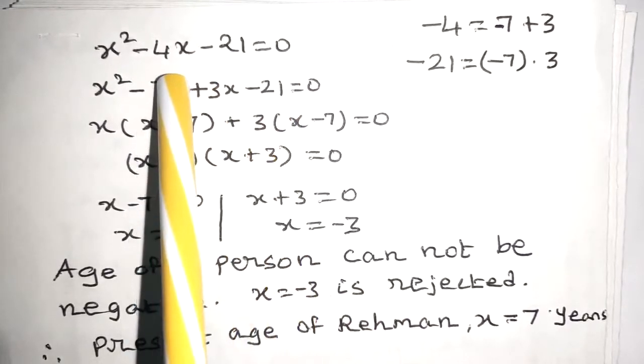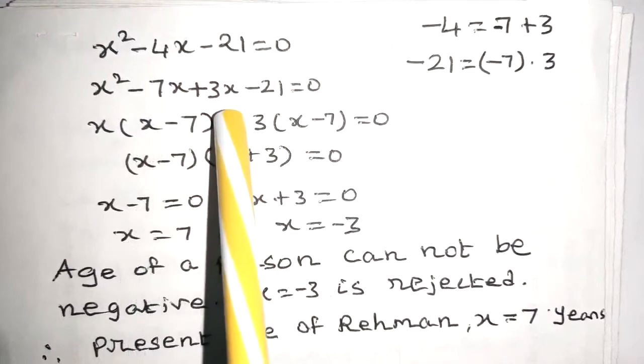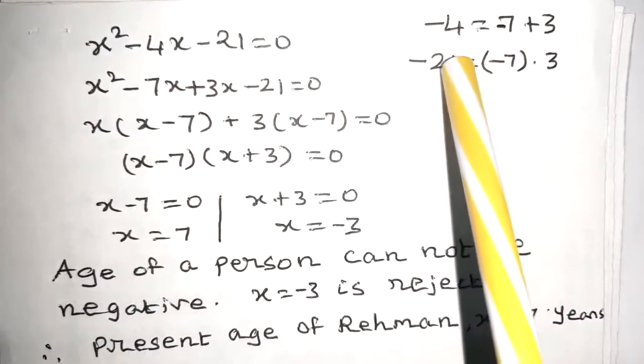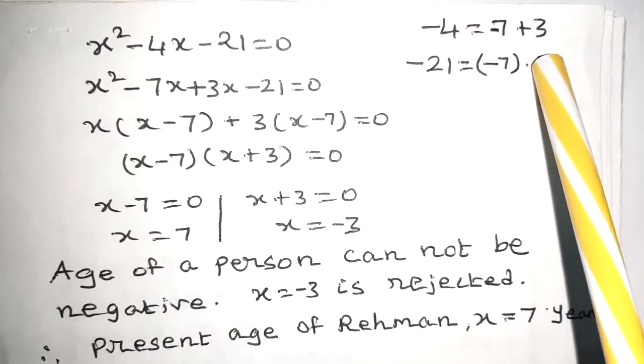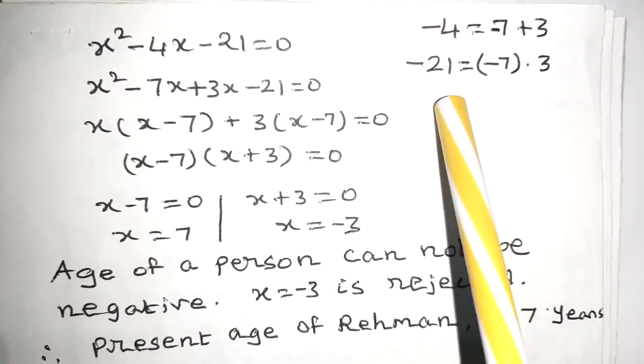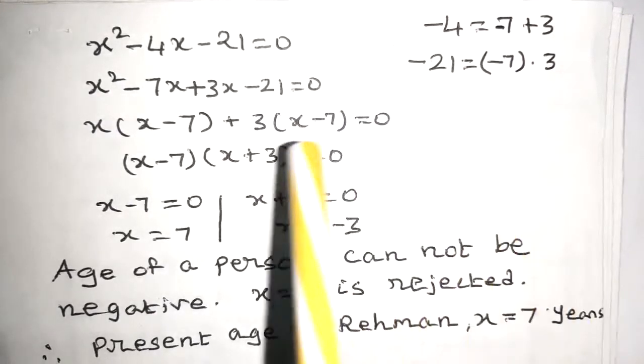Minus 4x can be written as the sum of minus 7x plus 3x. And here minus 4 is written as the sum of minus 7 and 3. Minus 21 is written as the product of minus 7 and 3.